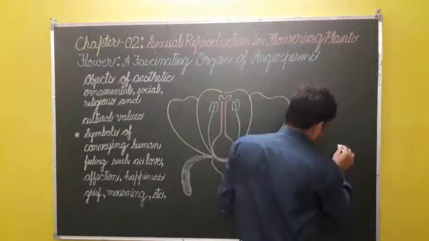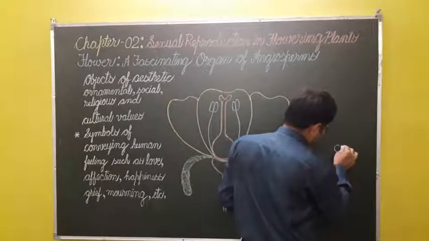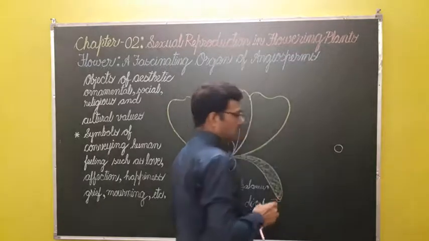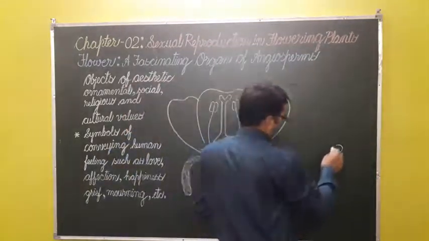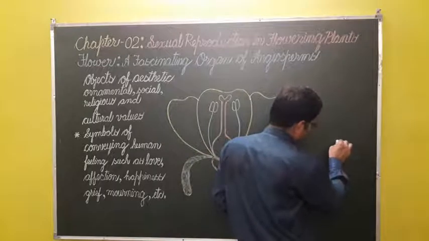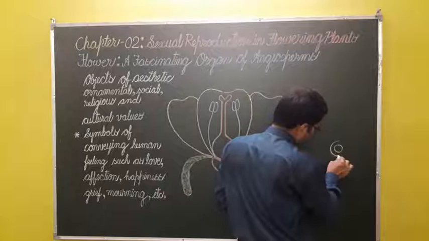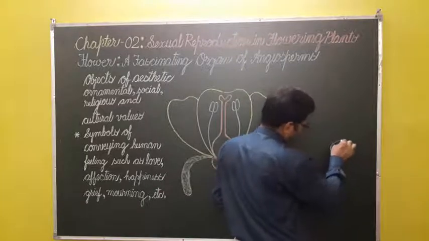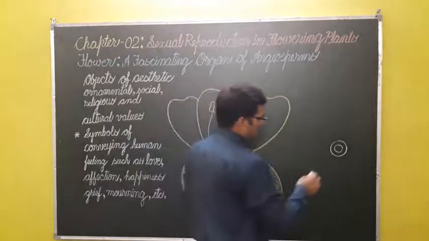This is the central whorl, that is gynoecium. Just outer to the central whorl, androecium.